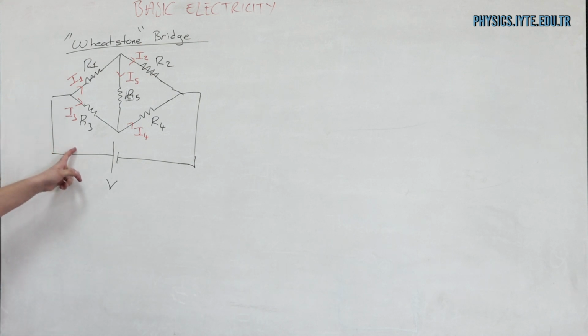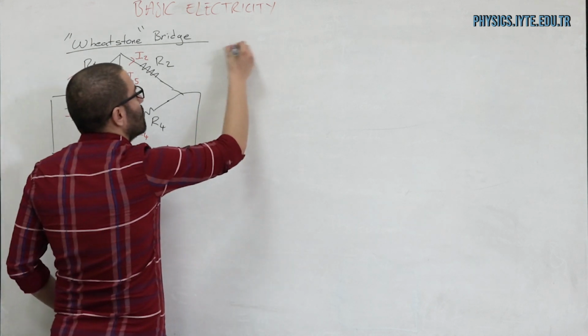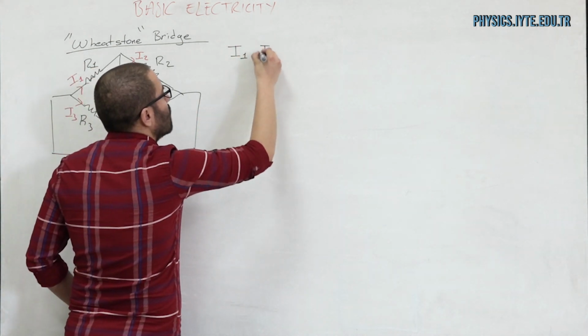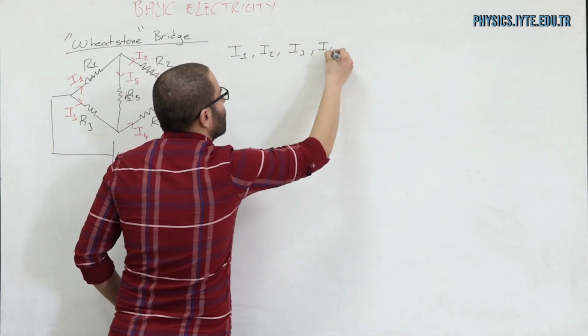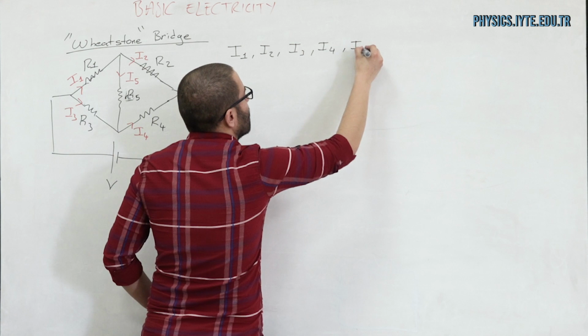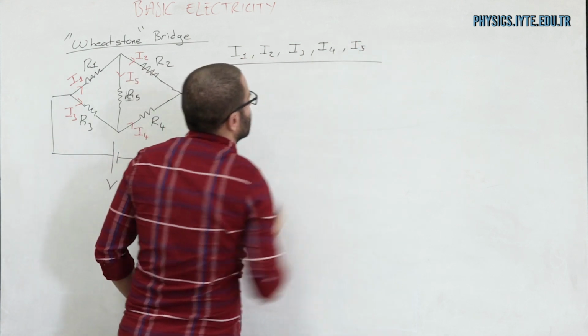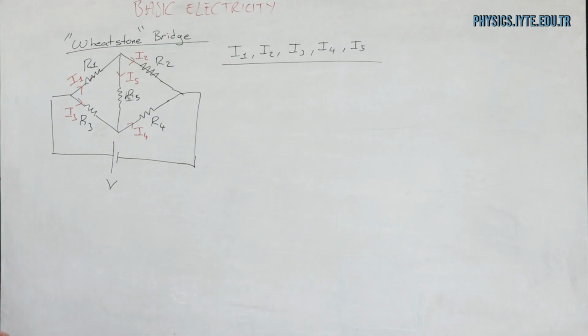In this current diagram, I have 5 currents that are unknown: I1, I2, I3, I4, and I5. Now, as an example, I am going to write one of the equations that we can use to solve for these current values by using Kirchhoff's law.